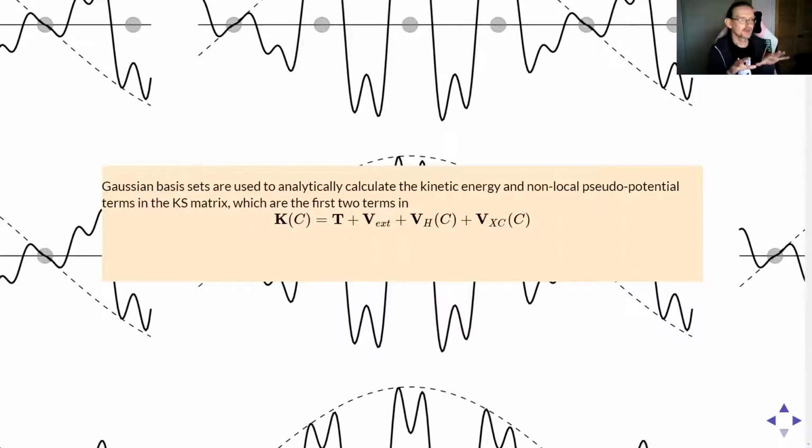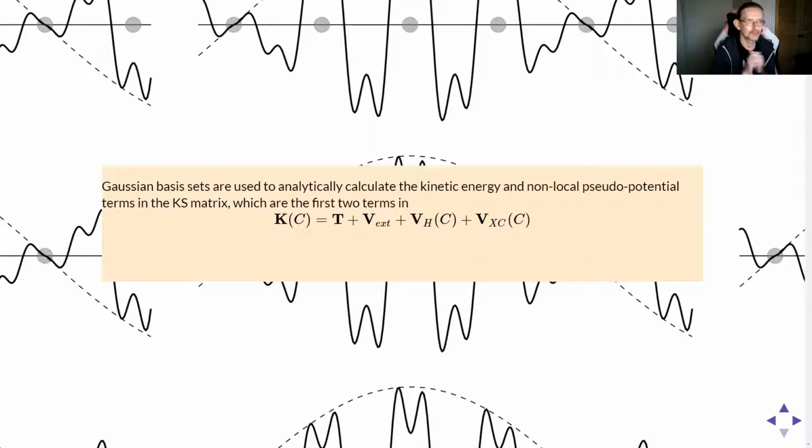So we've got these Gaussian basis functions, and as was well known from molecular Hartree-Fock codes for many years, you can do analytical calculations of matrix elements over pairs of Gaussian functions. In particular, you can calculate the kinetic energy and the pseudo-potential terms using analytical expressions for Gaussian functions.